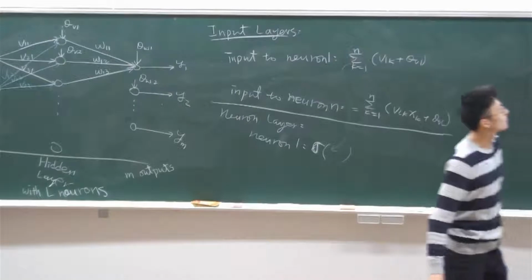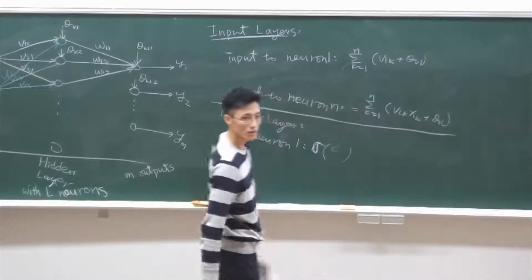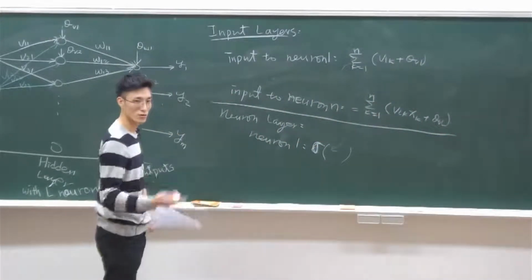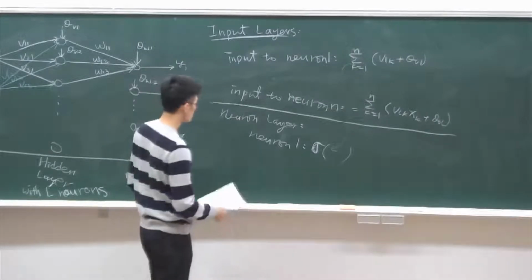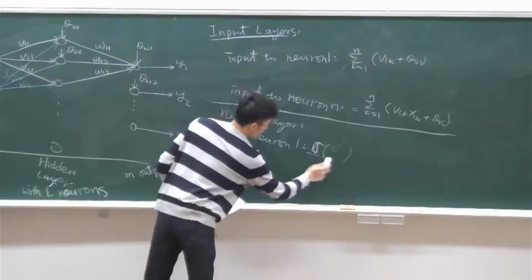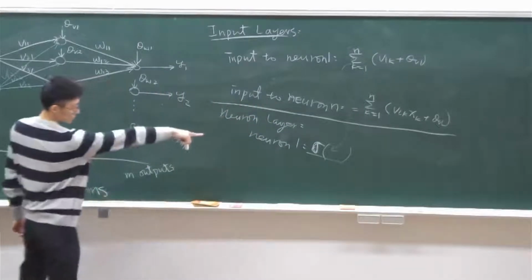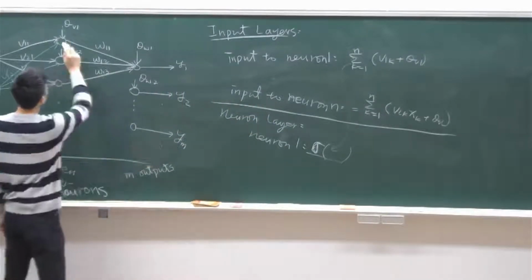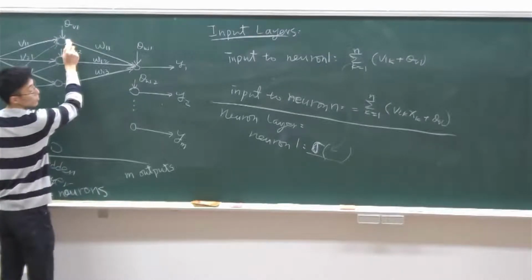This is one of the nonlinear operations in a neuron, just one of those; it can be other forms. The result of this is the output from this neuron.